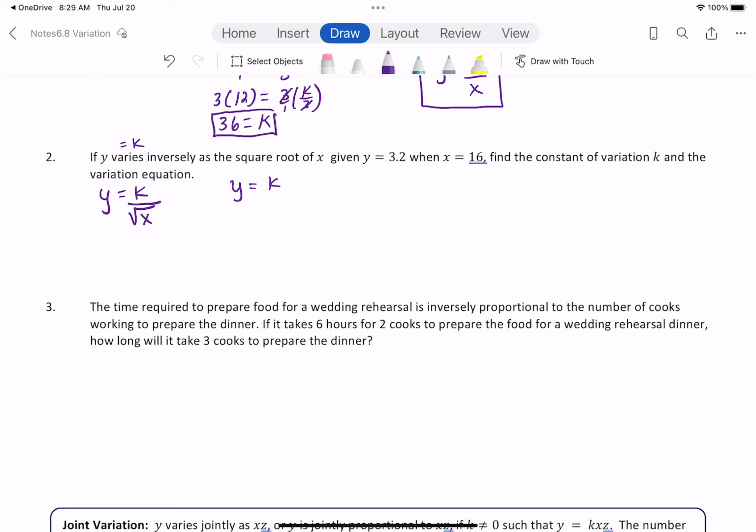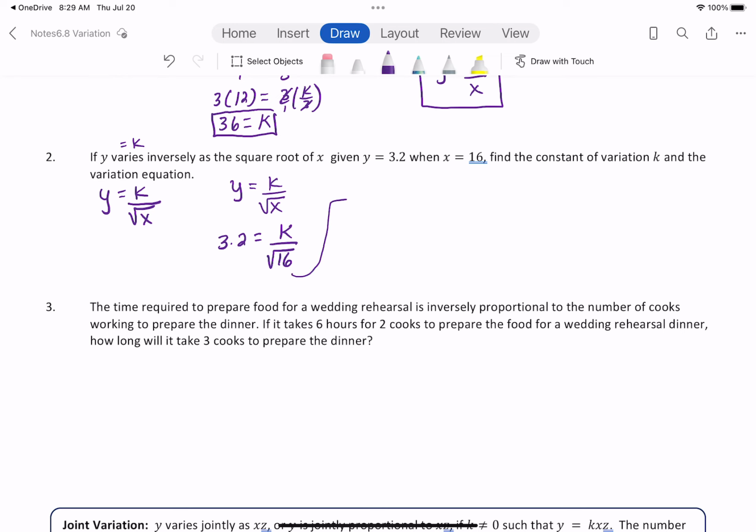Then it's going to give me values for x and y. So if y is 3.2, I'm going to replace y with 3.2. And x is 16, so that's going to give me square root of 16. Then we want to find the constant of variation k and the variation equation.